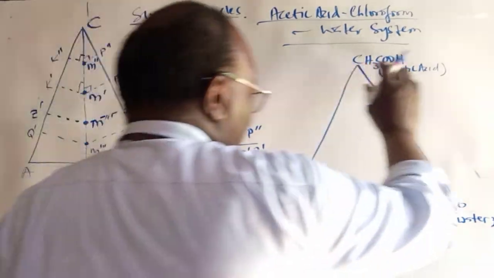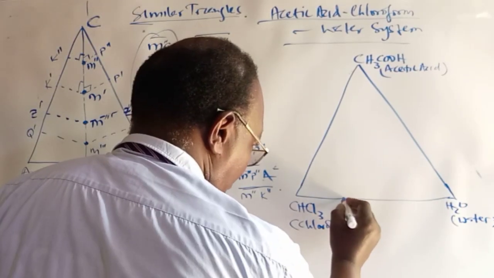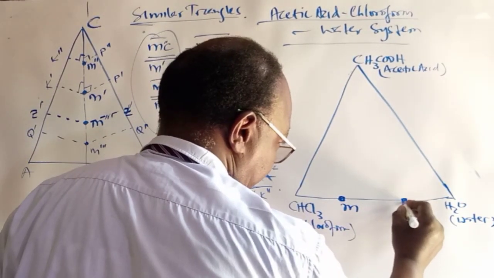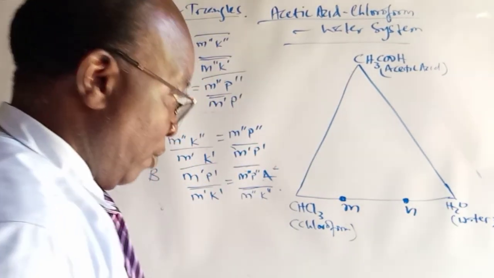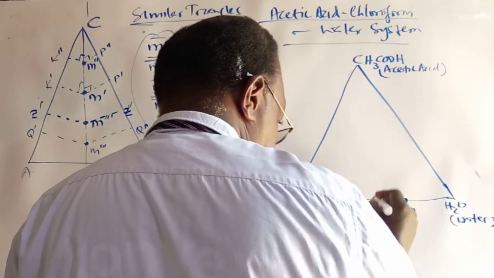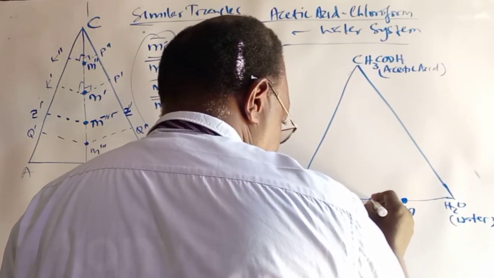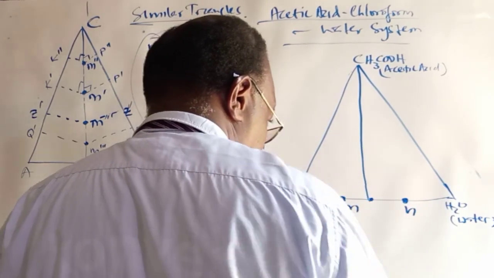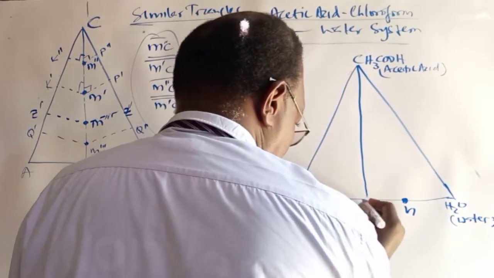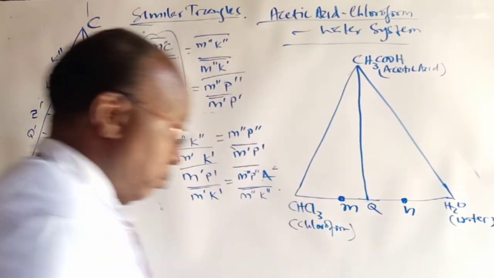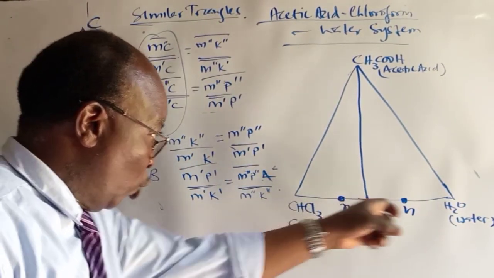Now if we have 0% of acetic acid, then we will have two conjugate solutions, M and N. And the resultant mixture has that composition there. Let's call it Q.